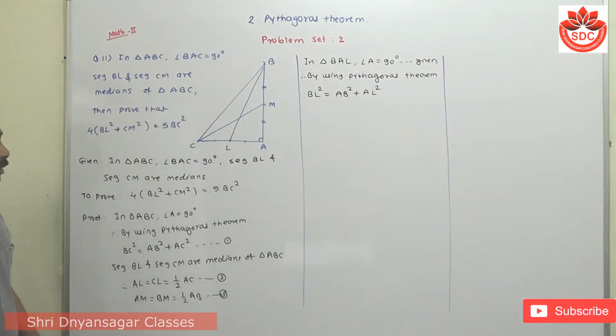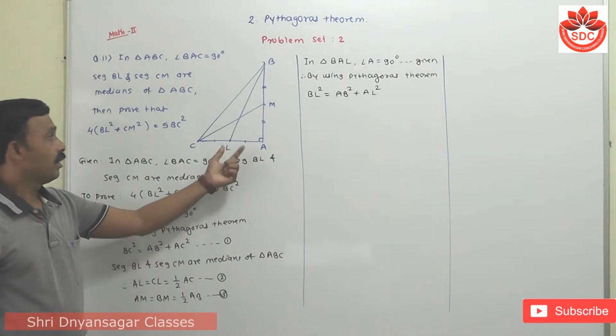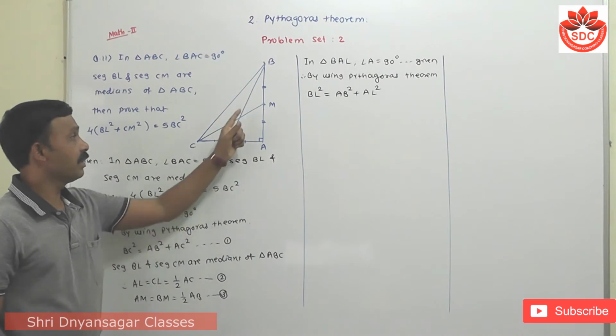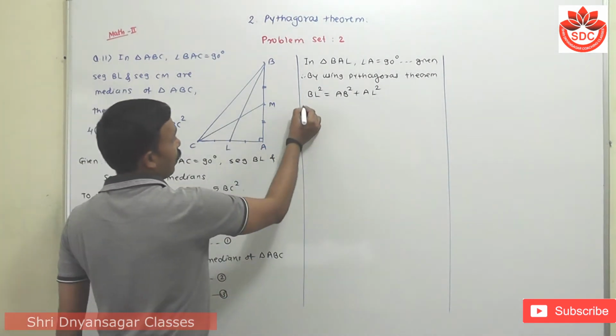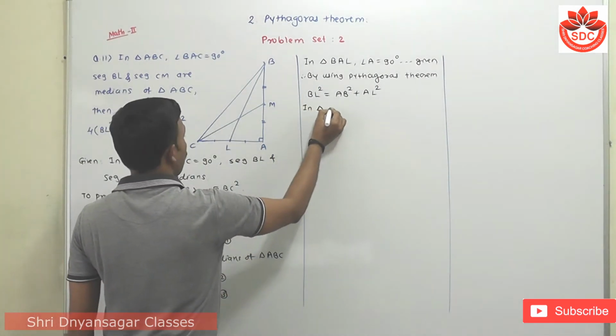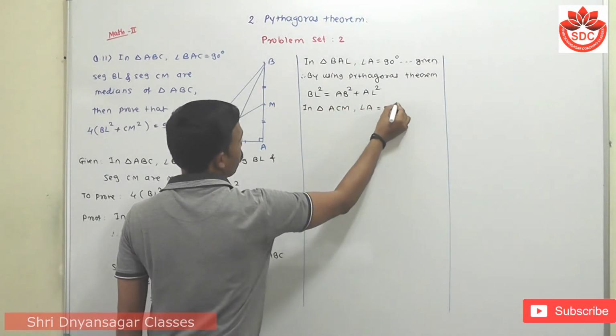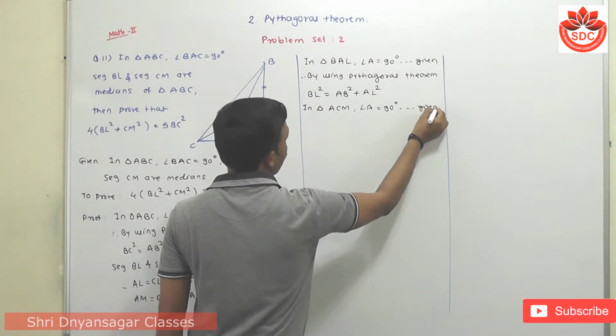Then we take triangle ACM. In triangle ACM, angle A is also equal to 90 degrees. This is given.